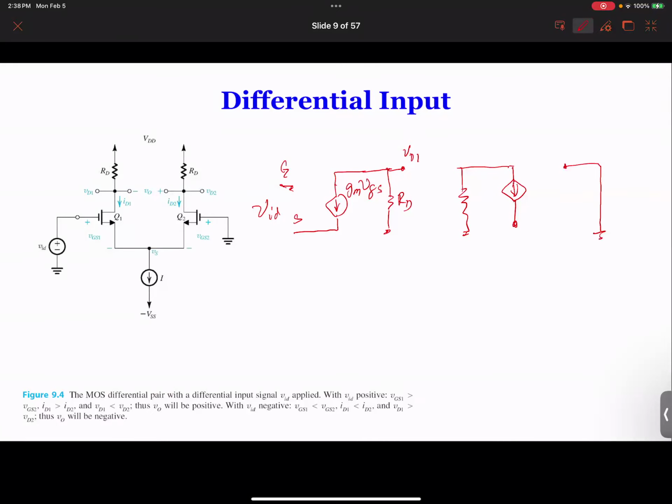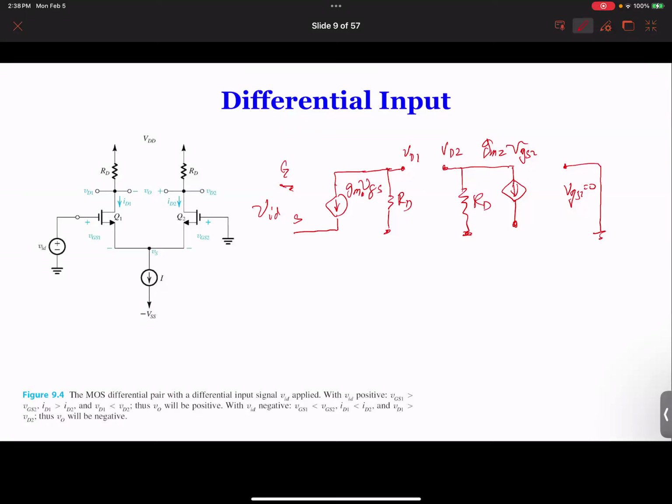So if it's grounded, VGS2 is 0, and this is VGS2 times GM2. So this is like GM1. This is your equivalent circuit, and this is RD, so VD2.